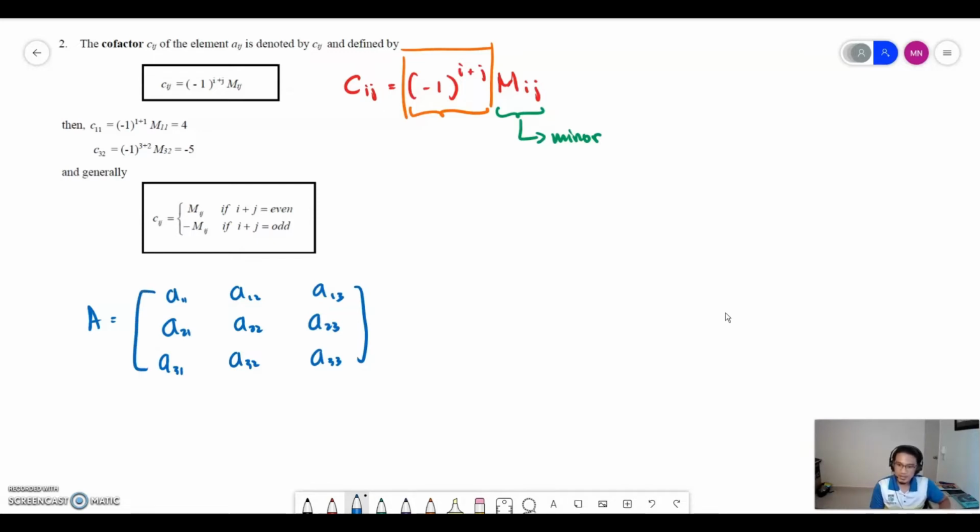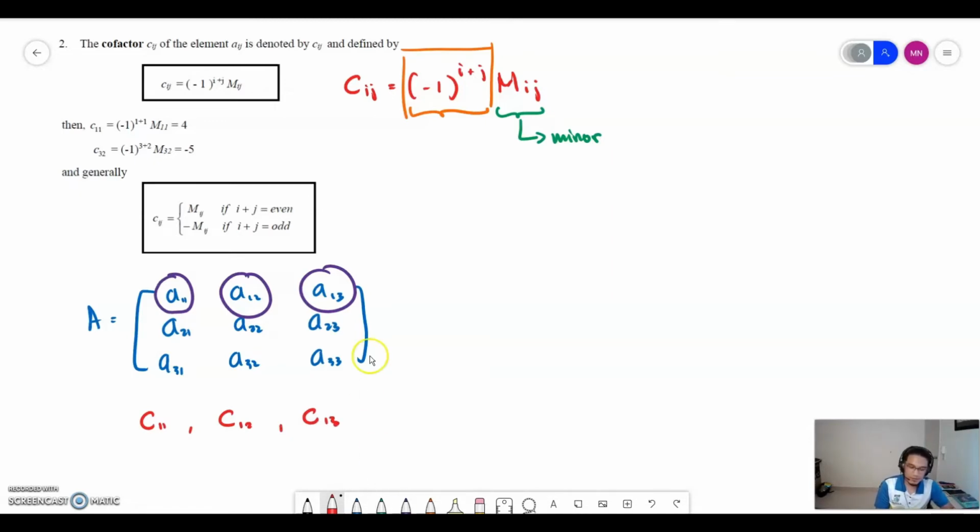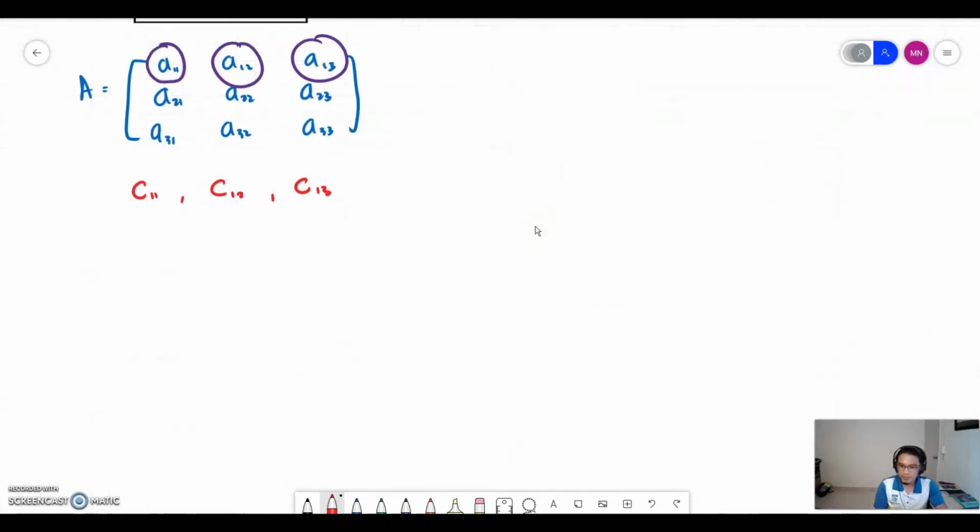So now let's say I want to find the cofactor for A11, A12, A13, which means I will write it down as C11, C12, and C13, the cofactor for the position of first row and first column. So in order to find that, we look at the formula of cofactor, which is Cij equal to negative 1 to the power of i plus j, Mij.